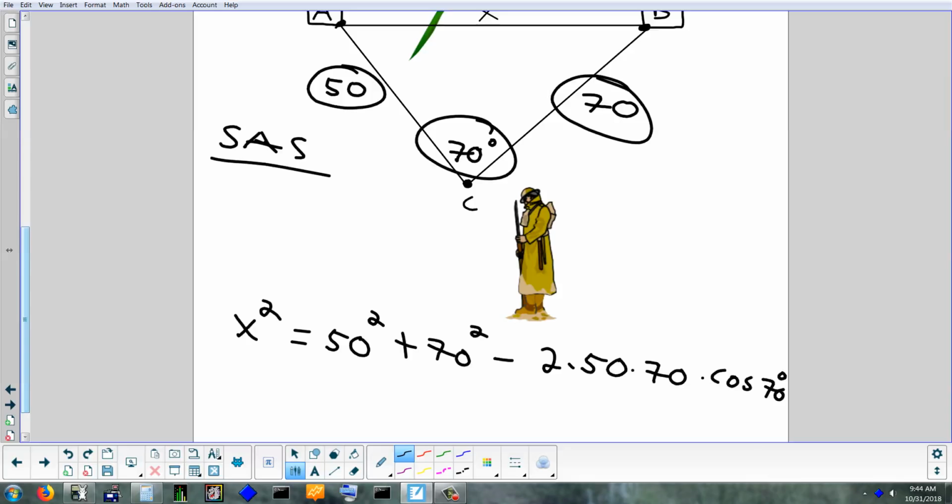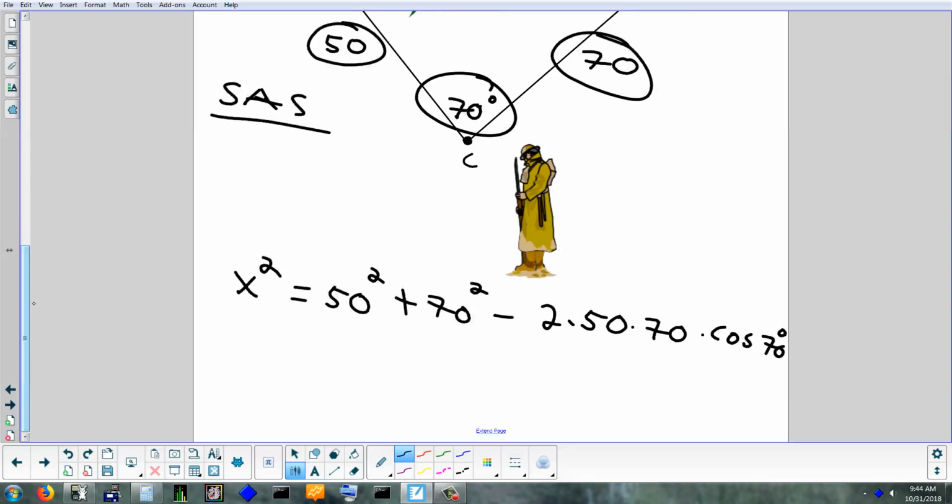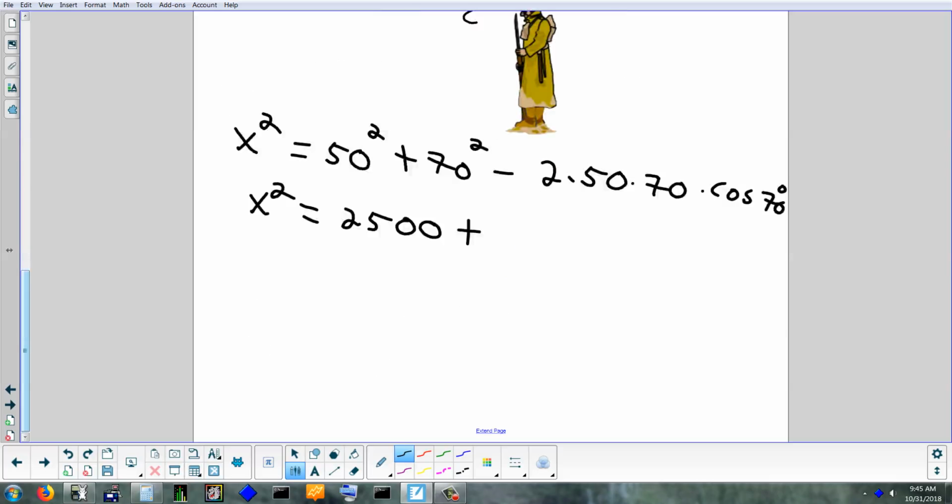Okay, so it's just a matter of doing all that out. Some of it we can do out. We're going to need a calculator for the rest. What's 50 squared? 2,500, yep. So 25 is 5 squared, but then add a couple zeros. How about 70 squared? 4,900. This part actually works out nice. What's 2 times 50? 100 times 70.